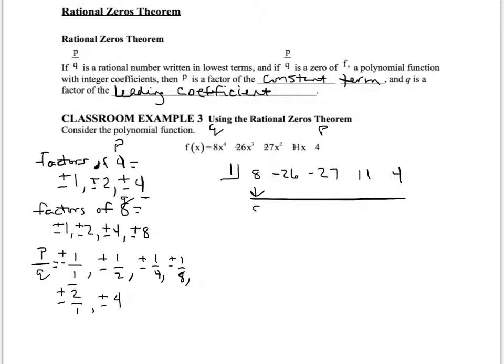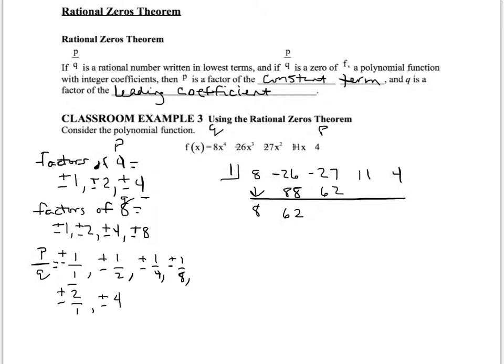Bring down my 8. 8 times 1 is 8. When I add that together, I'm going to get, let's see, negative 26 plus 8 is negative 18. Now, 1 times negative 18 is negative 18.